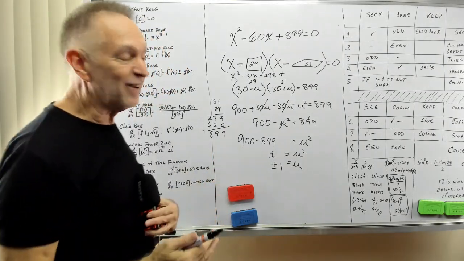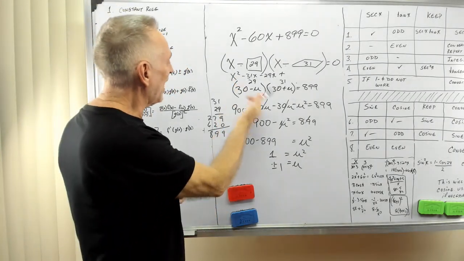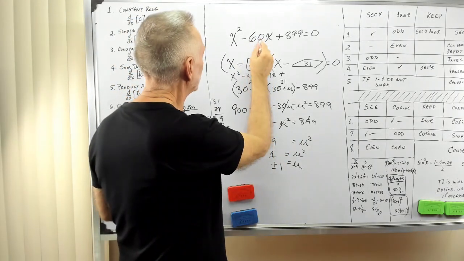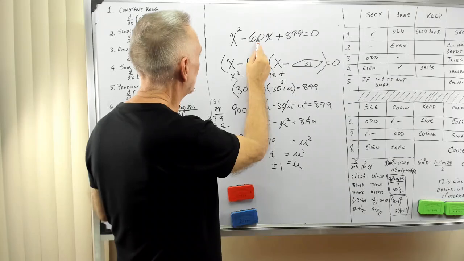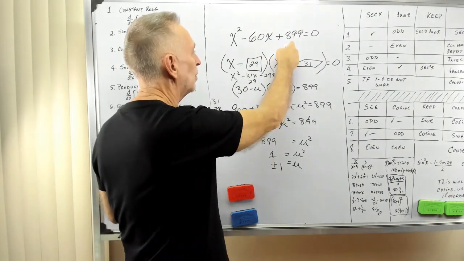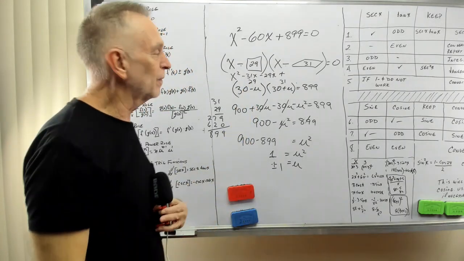So that allowed me then to factor this using this method by looking at the addition associated with that number rather than the factoring of the multiplication of that number.